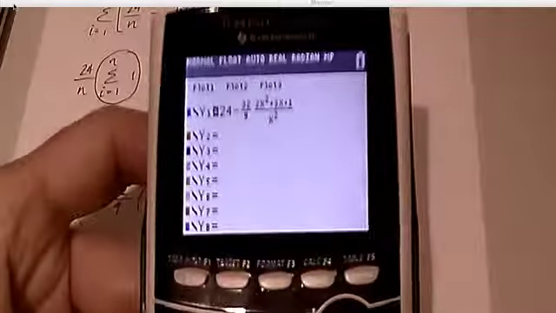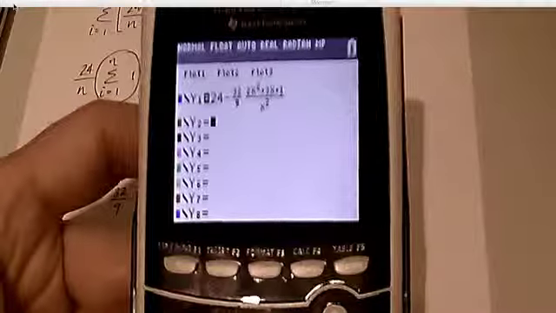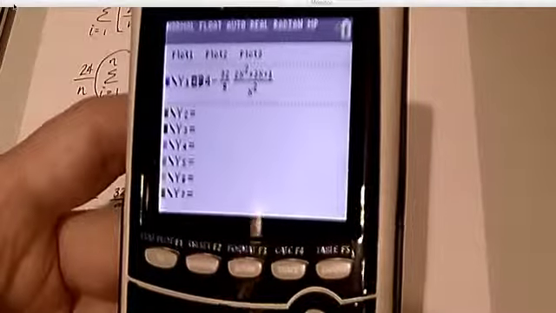2x squared plus 3x plus 1 over x squared. And unless I've made a mistake, that is your y1. And I just have x's instead of whatever.